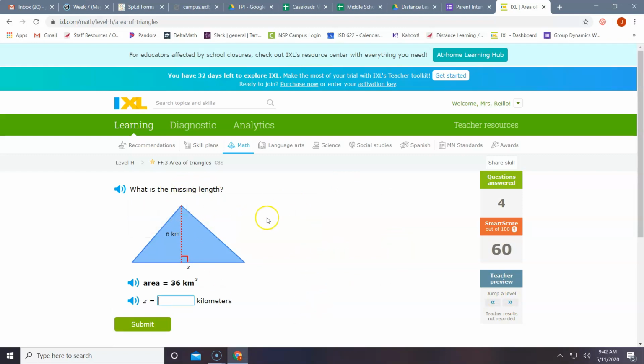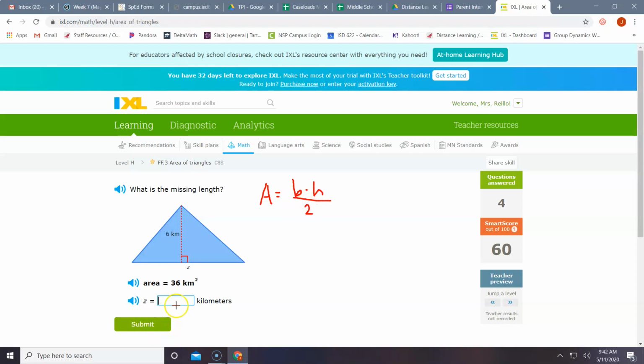All right, let's jump up a level here. So just like in our squares and rectangles, it's going to give you some where you work backwards. Remember, the formula you are using is area equals base times height divided by 2.